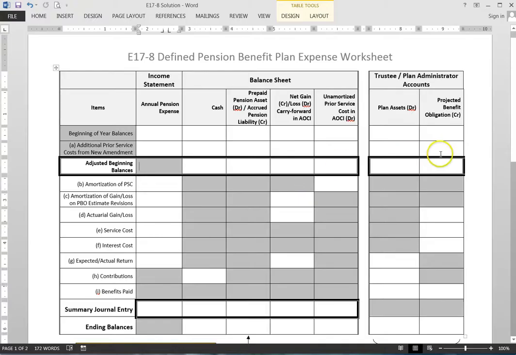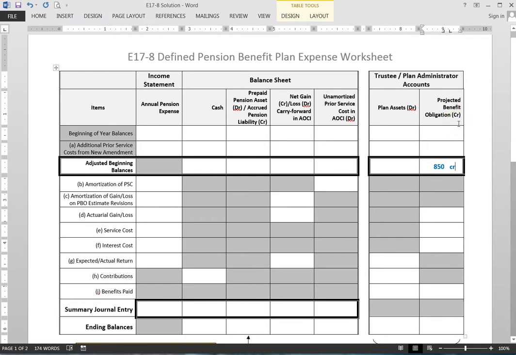Okay, and so I'm going to go ahead and insert that in my worksheet. That's an $850,000, I'm going to leave the thousands off, but $850,000 credit balance.